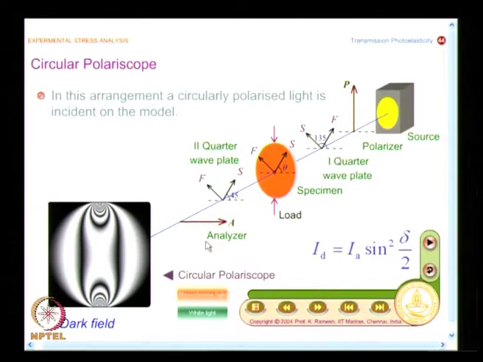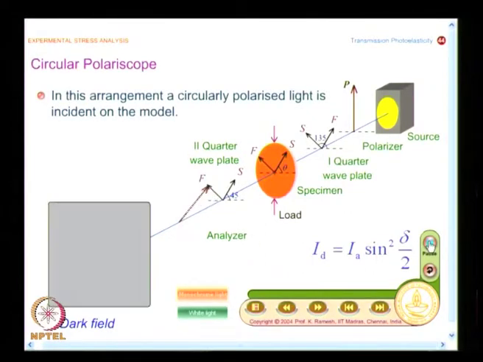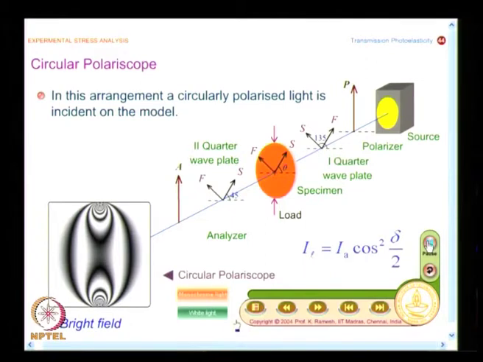And what happens when I keep the analyzer vertical? I see a background light, the background becomes white, because we have seen when a model behaves like a full wave plate, it comes out as a linearly polarized light. Earlier the analyzer was kept horizontal, so the light was cut off. Now the analyzer is kept vertical, the light is passed.